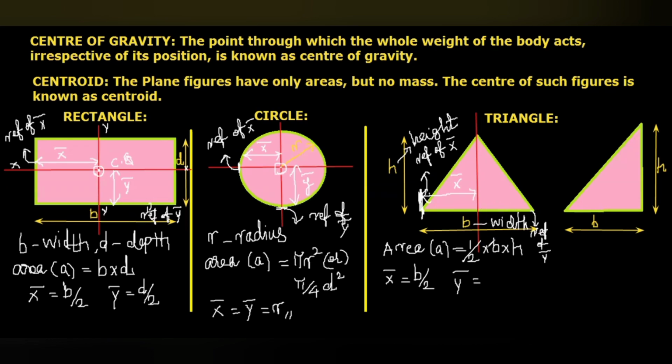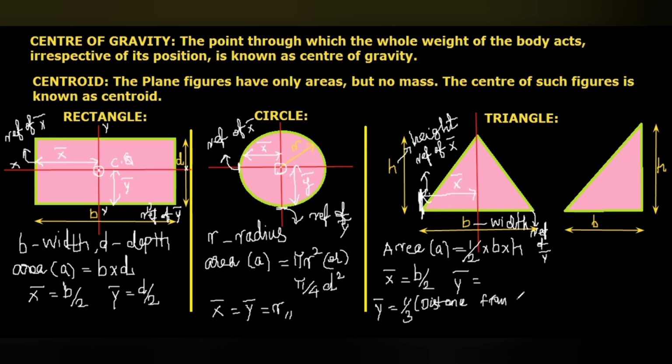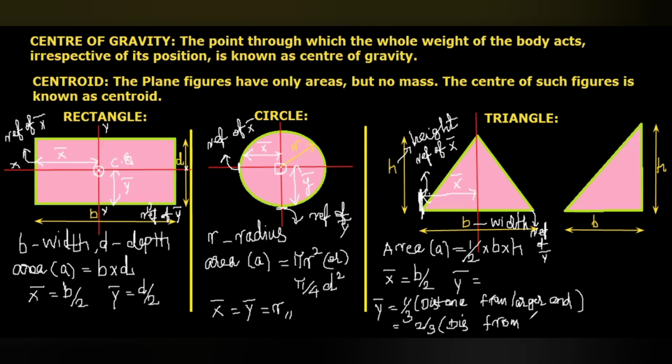Let me write the note here: y bar is 1 by 3 the distance from larger end, or 2 by 3 the distance from smaller end.